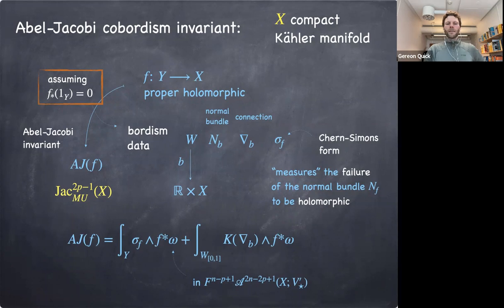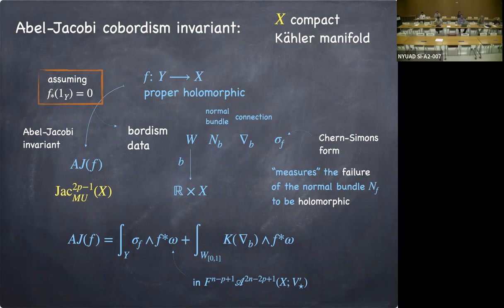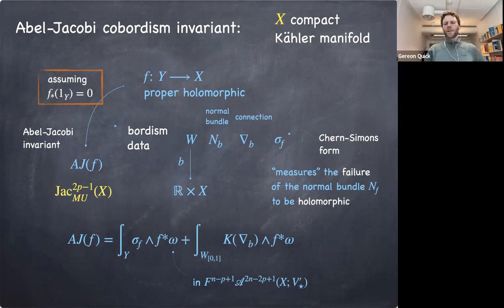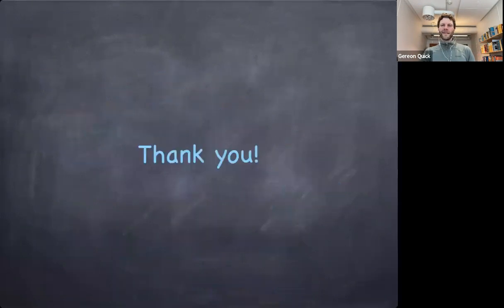We pull it back up here in a certain way, and then we smash with this sigma f, take the integral over Y, and then we add the integral over where we take whatever lives over the unit interval here, and then evaluate the Chern-Simons form of this connection from the bordism data and take the product with f upper star of omega. So very similar to the classical formula, in fact. Okay, and that's all I had to say. Sorry for taking too much time.